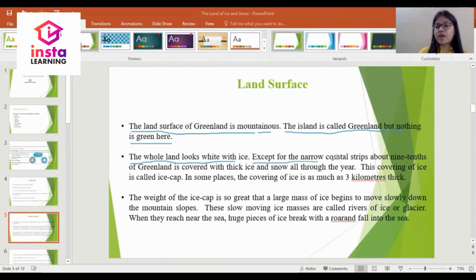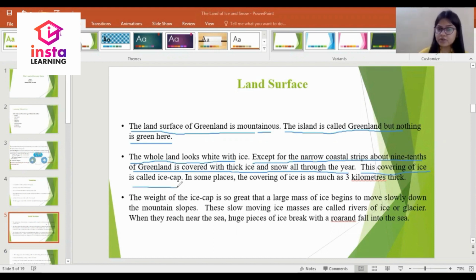Except for the narrow coastal strips, about 9/10 of Greenland is covered with thick ice and snow all through the year. This covering of ice is called an ice cap.